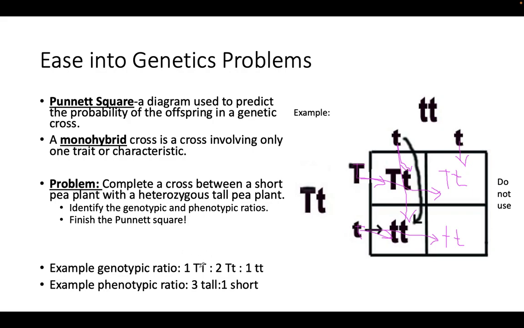Okay. And this gives us an example ratio. This does not go with the problem over here because it does not match it. If we were to come up with the genotypic ratio here, we would be saying we have big little, and we have two of those, and two of the little little.